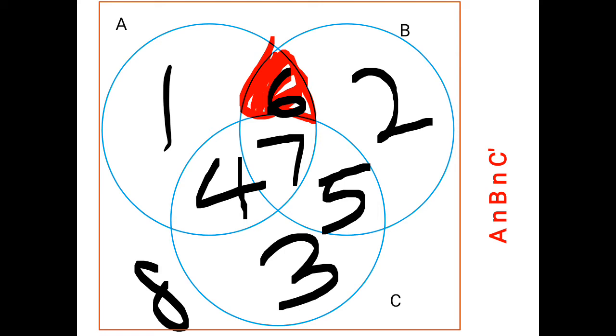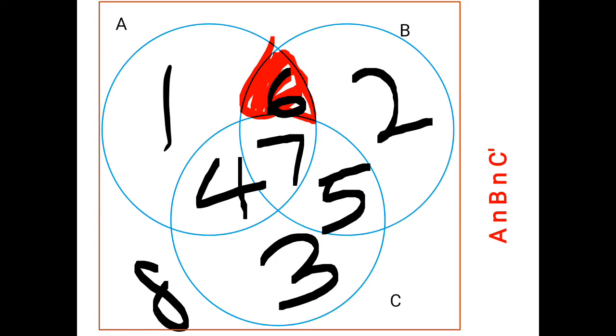So because no part is found in C, we say A and B only, meaning region 6 is found only in circle A and in circle B. So region 6, the part shaded with red, is A and B only, or both A and B only, or only A and B. The "only" is very much important.